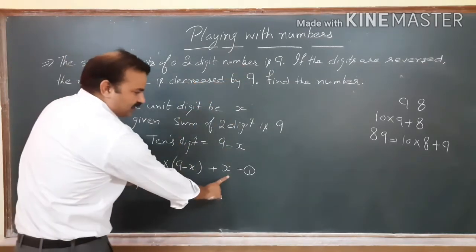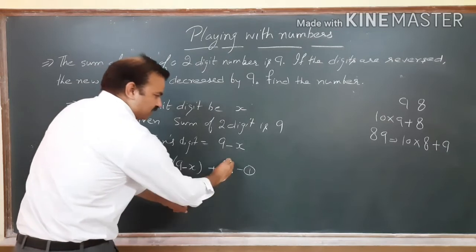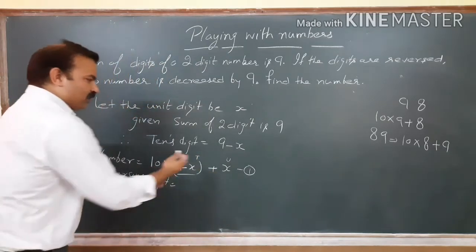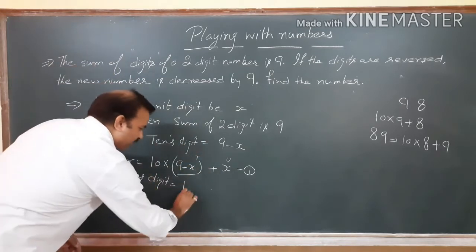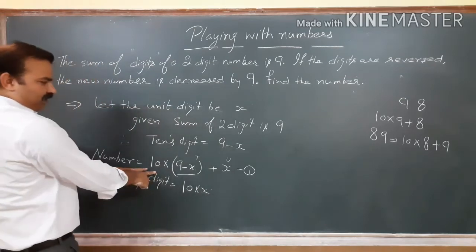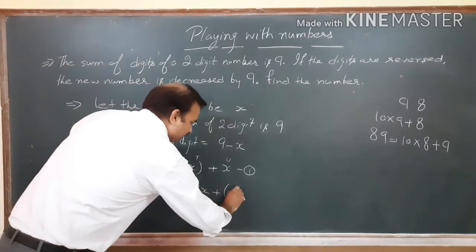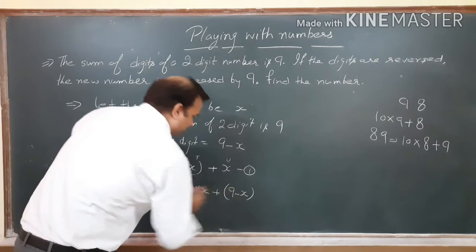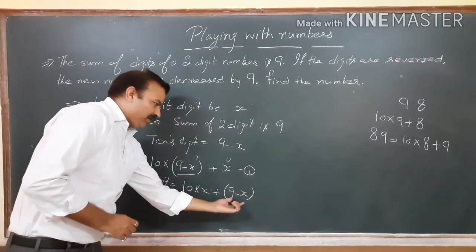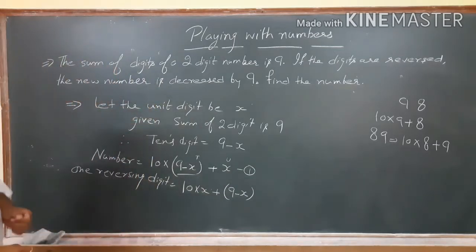Similarly, for our number, on reversing the digits, this is the digit at the unit place, and this is the digit at the tens place. So it will become 10 multiplied by x plus 9 minus x. 9 minus x has come to the unit place, x has come to the tens place.